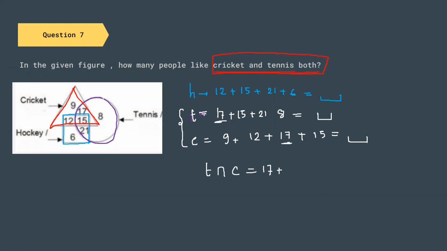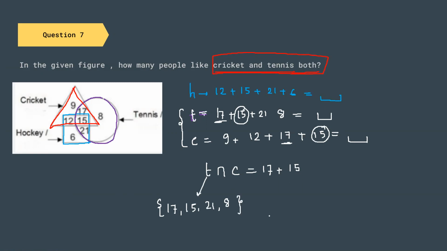Now, we can see that this number and this number are also common, so this many people also like tennis and cricket both. We can imagine it like a set. For T we have 17, 15, 21 and 8.